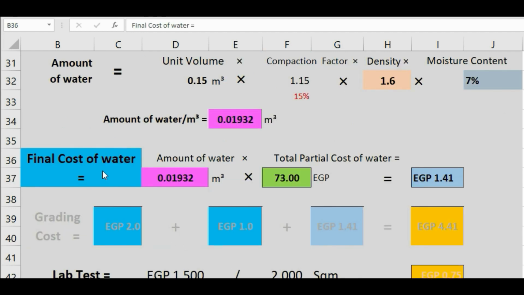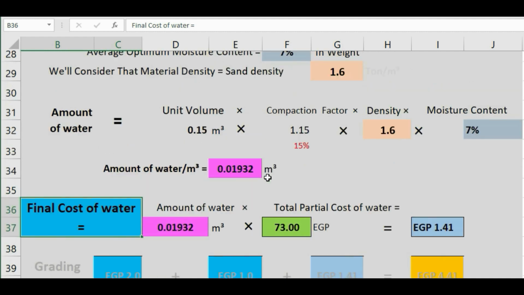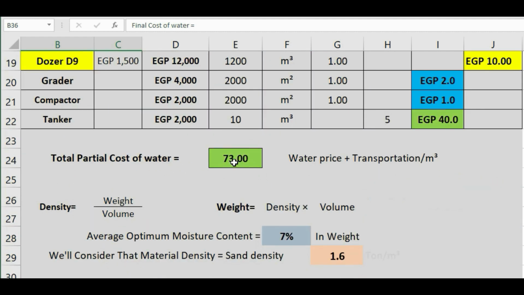The cost of water content equals amount of water in the layer multiply the total partial cost of water. 0.02 almost meter cubic of water multiply 73 Egyptian pound, which is previously calculated for water and its transportation.